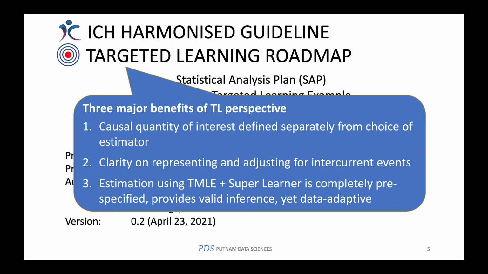A second benefit is that this targeted learning perspective is going to provide clarity on how to represent and adjust for intercurrent events appropriately. And finally, since we recommend estimation using TMLE and SuperLearner, I want to just assure you that this is completely pre-specified and reproducible. Unlike other machine learning approaches, and causal inference will also provide valid inference, and yet will remain data adaptive.